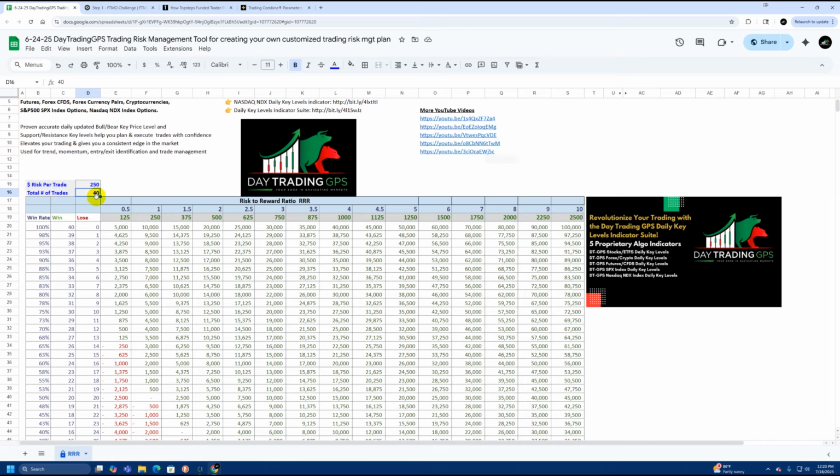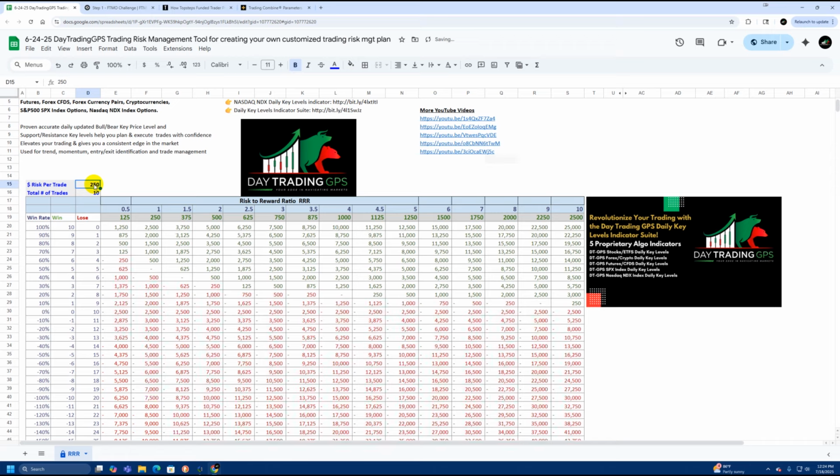We need to have these figures add up to $10,000 like we did here, 40 times 250. So let's say over 10 trading days, we only wanted to take one trade a day, and we wanted to risk $1,000 a trade.